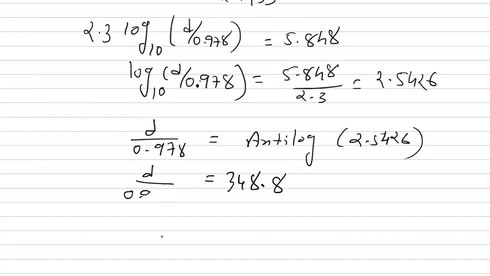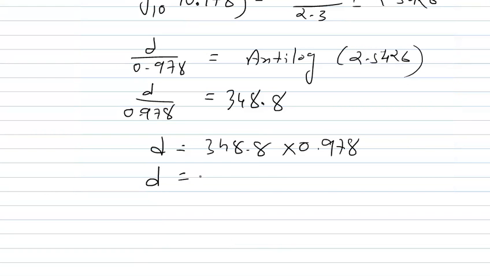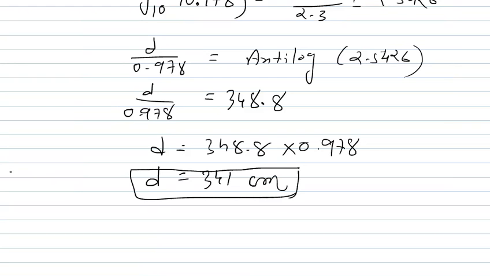So we have D equal to 348.8 multiply 0.978, and the answer of D is equal to 341 centimeter. So this is the line spacing, right? And D we can calculate 341 centimeter.